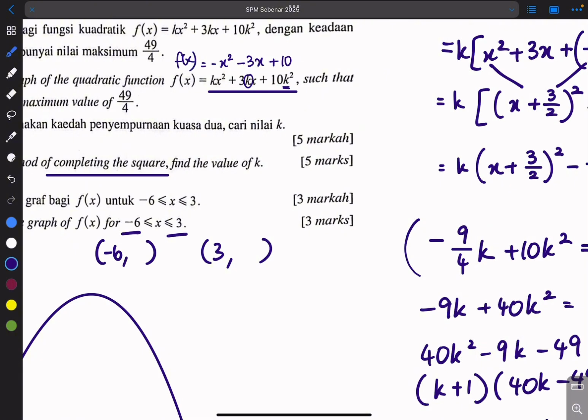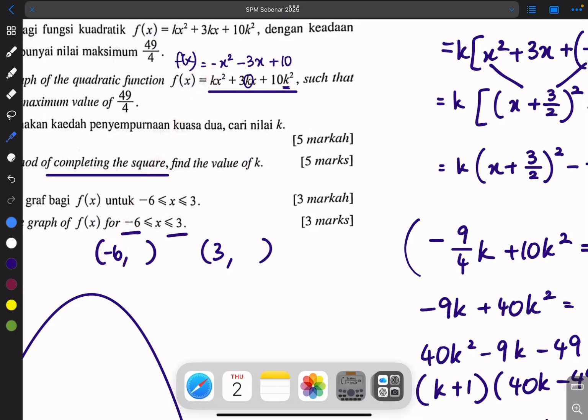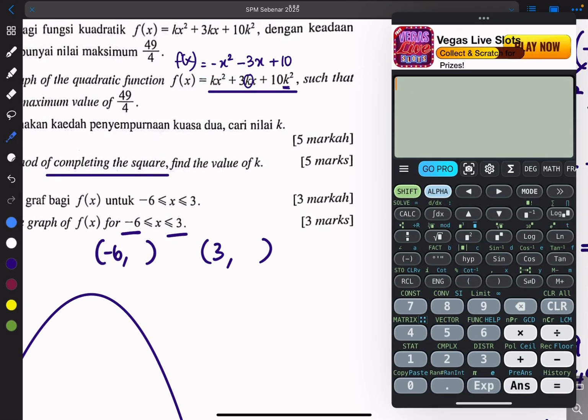Now we sub in our values. When x is negative 6, negative 6 square minus 3 times negative 6 plus 10, we get negative 8. Then when x is 3, negative 3 square minus 3 times 3 plus 10, we get negative 8 as well.